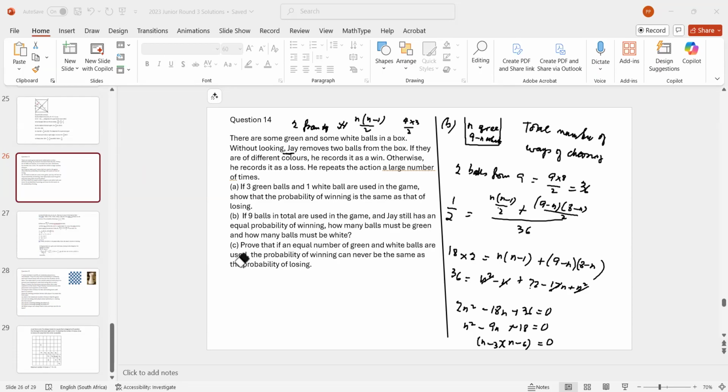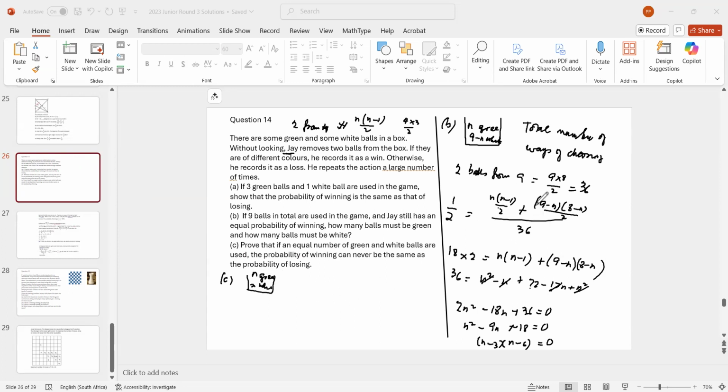Now, the last question here says, prove that if an equal number of green balls and white balls are used, now, that means the number of green balls here in C, they both are green. I mean, the number is the same. So you got n green and you got n white.